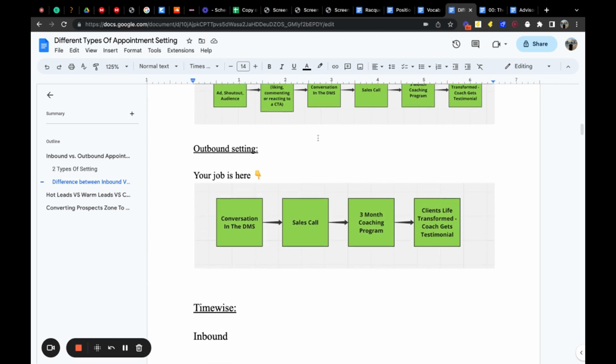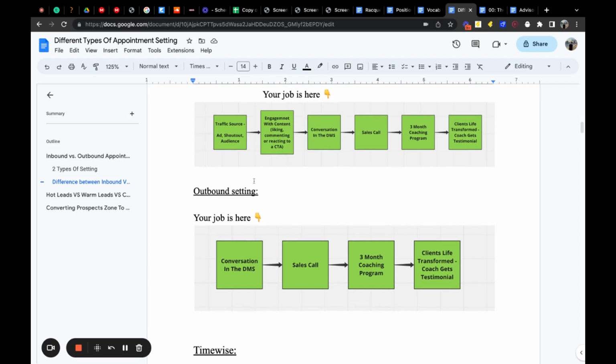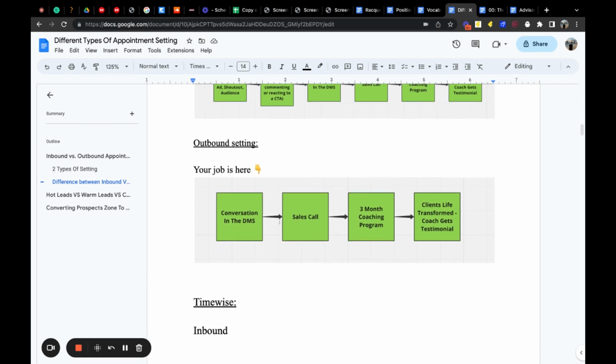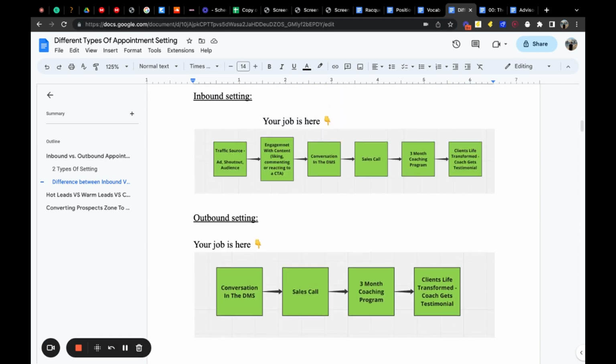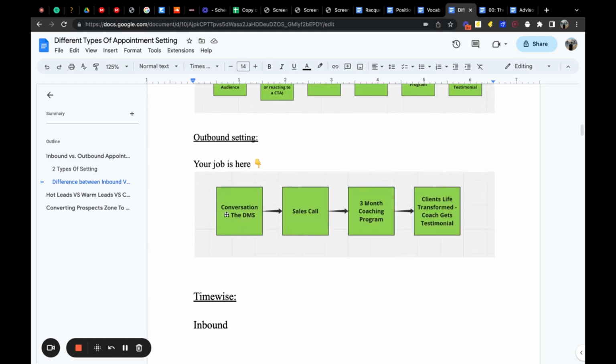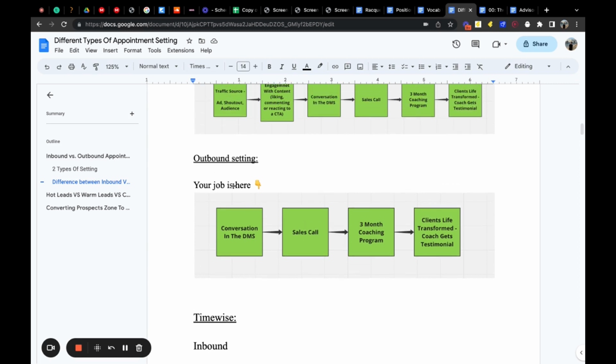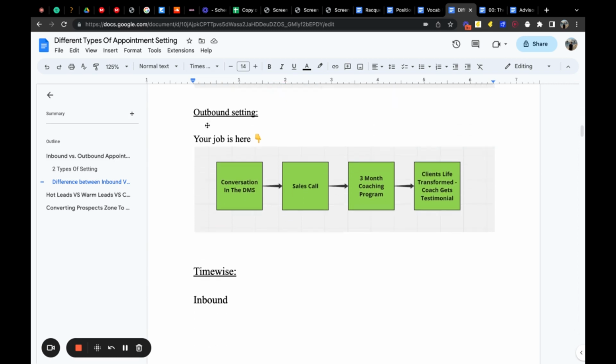Now, with outbound setting, your job is here, and as you see, the only difference is that these two things, traffic source and engagement, are taken away, because you're the one creating engagement. You're the one reaching out to the lead. You're the one generating that attention. There's no attention before you actually go out there and generate it. So the sales process with outbound setting starts with the conversation in the DMs instead of starting at some traffic source.